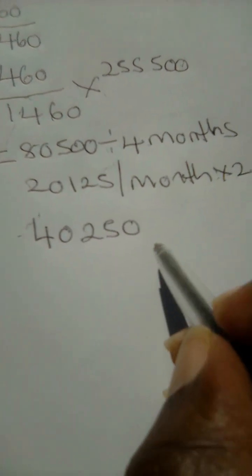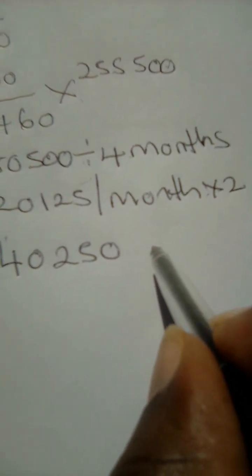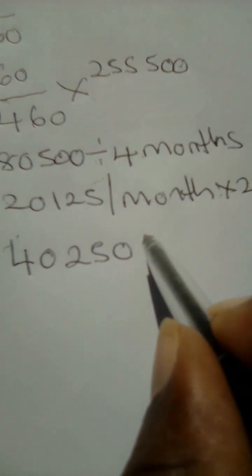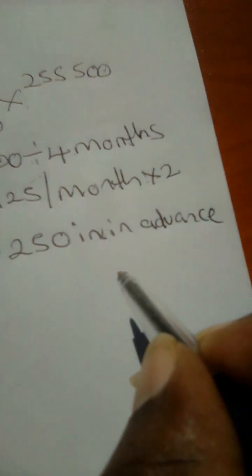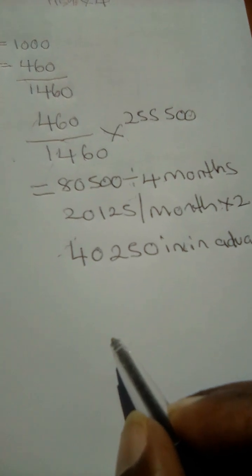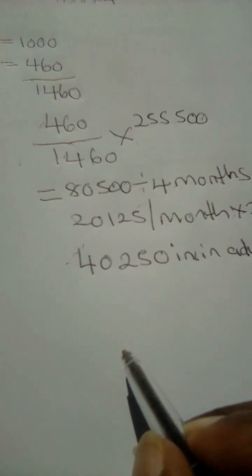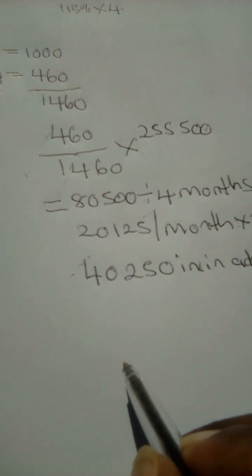So 40,250 is the deferred income, or the income received in advance. What do we do with income received in advance? We subtract it. Remember, it is not needed in the current financial year. It is for the following financial year. So we are going to subtract it.